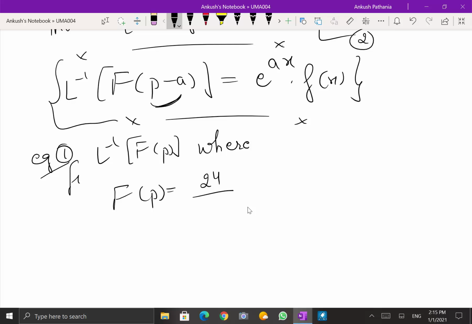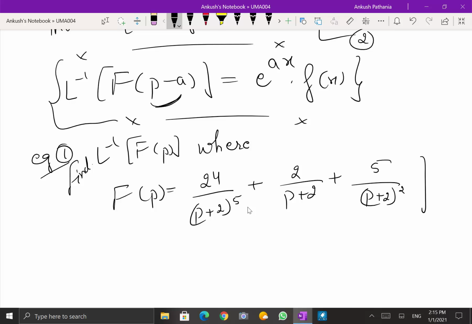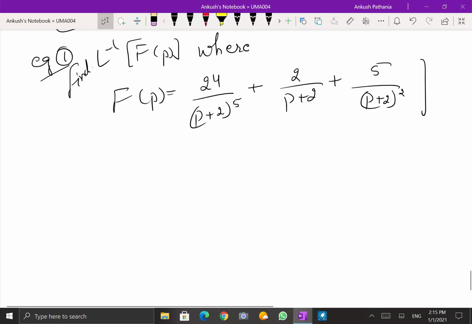So the question is: find the Laplace inverse of F(p), where F(p) is (24 + p) upon (p + 2) raised to power 5, plus 2 upon (p + 2), plus 5 upon (p + 2) whole square. So in this question I need to find the Laplace inverse of F(p).